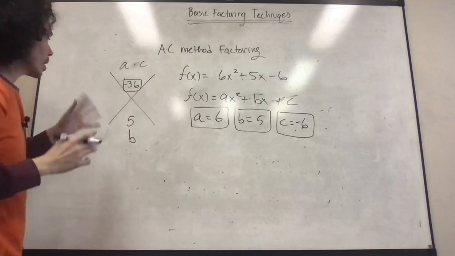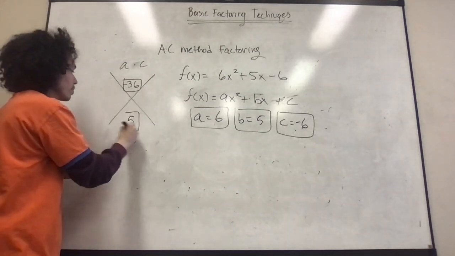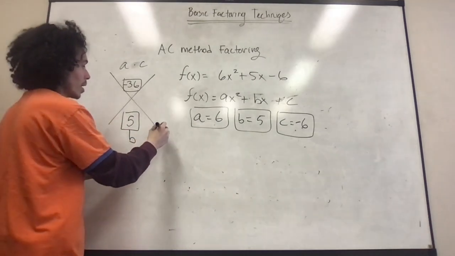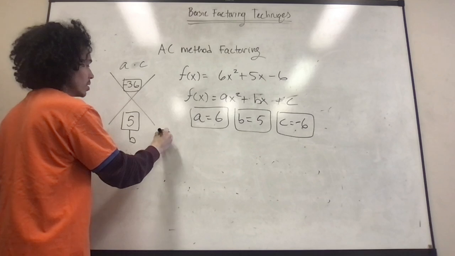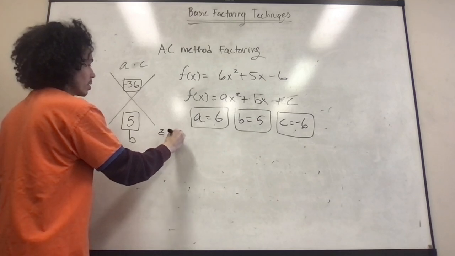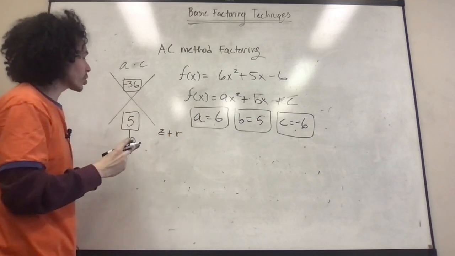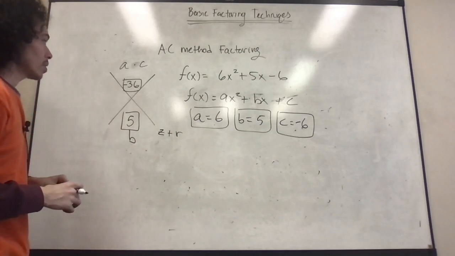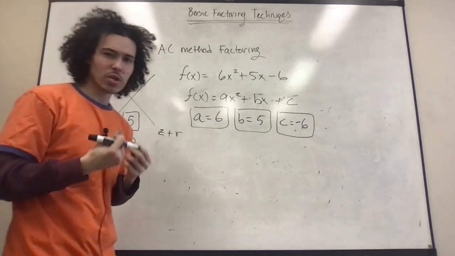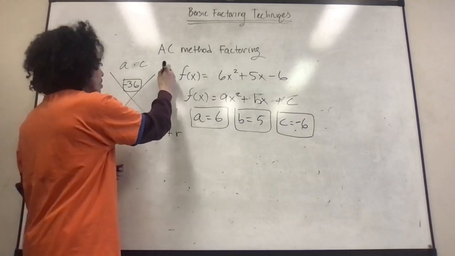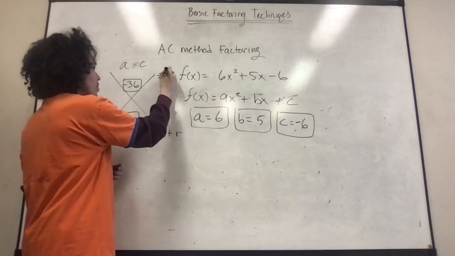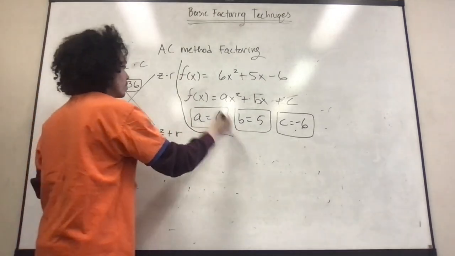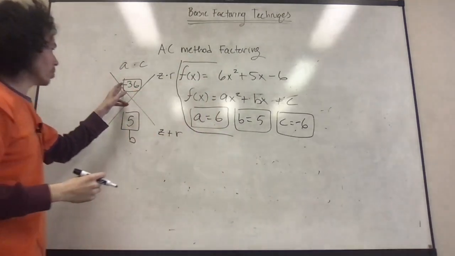So now the question is, what two numbers add up, so let's just say z plus r, to give you 5, and are also the same two numbers that multiply to give you negative 36?